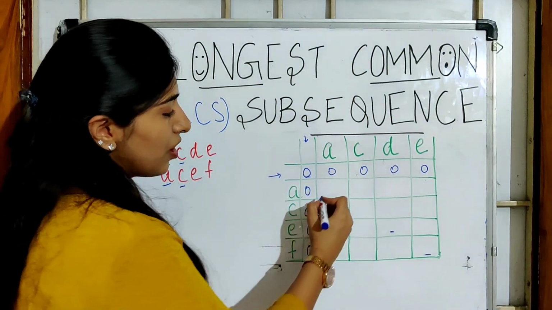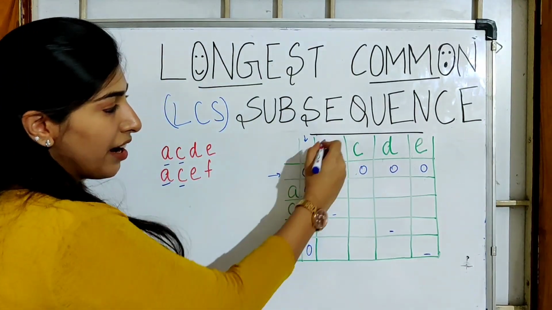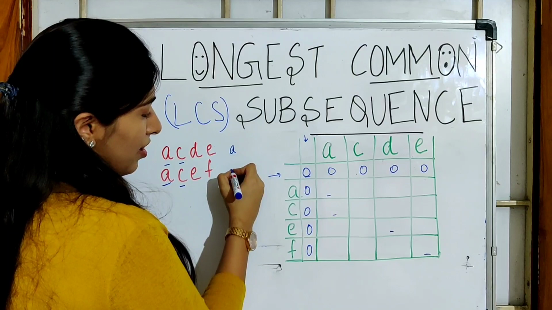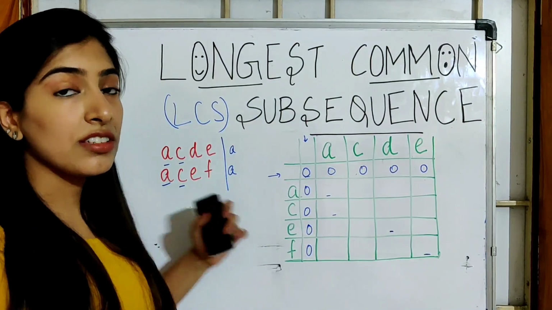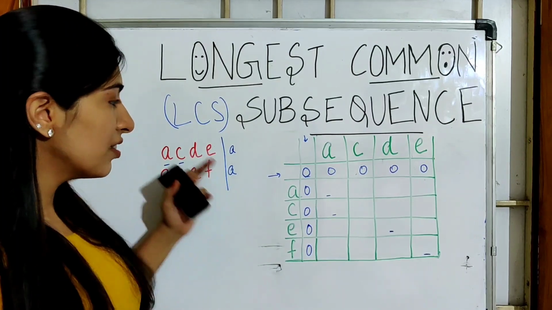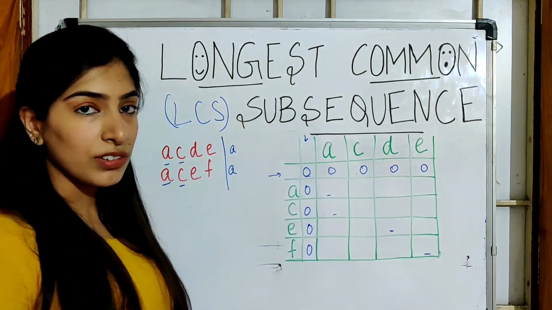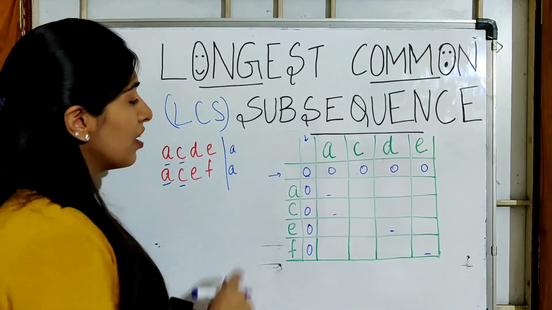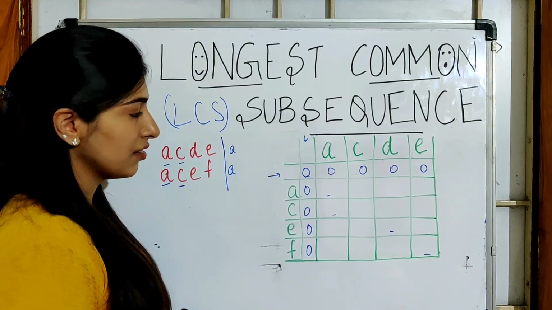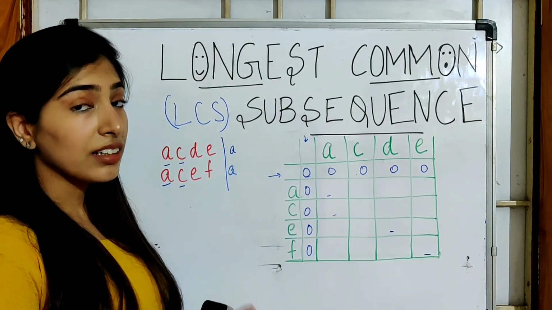Okay. So now let's start with our first box. What does this denote? That our strings are A and A. So we are starting with a subproblem A and A. If you remember, this is how we started understanding our example as well. If these two alphabets are equal, obviously we will include this in our answer. If we are including this in our answer, the length will increase by 1 compared to what?